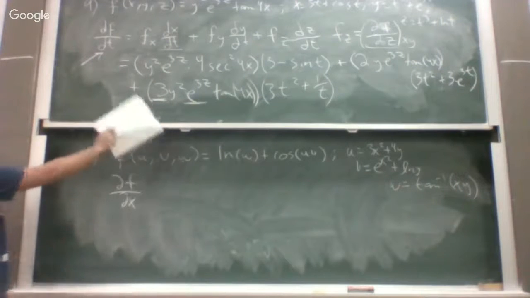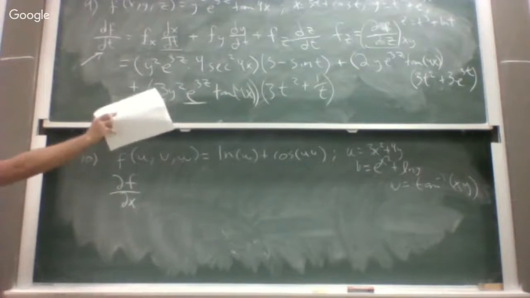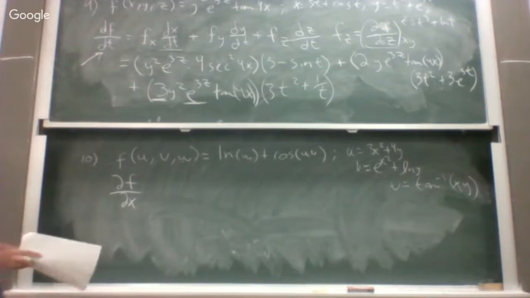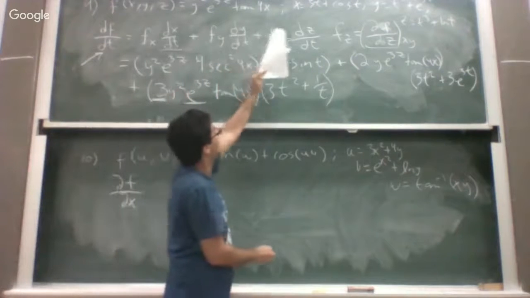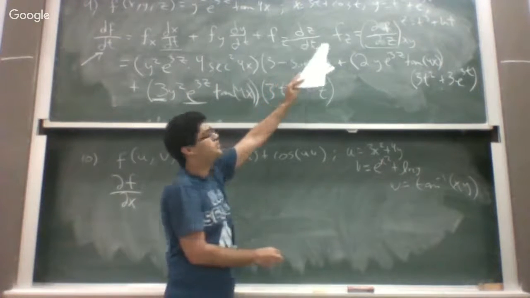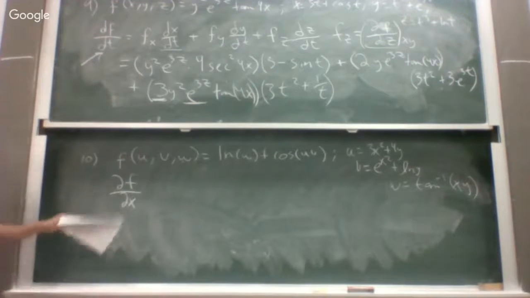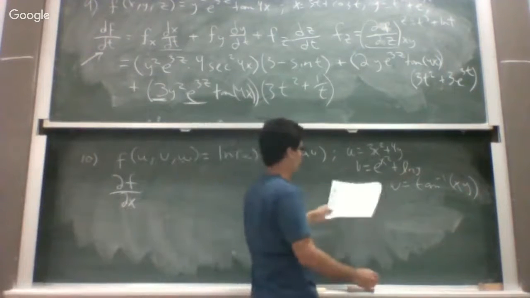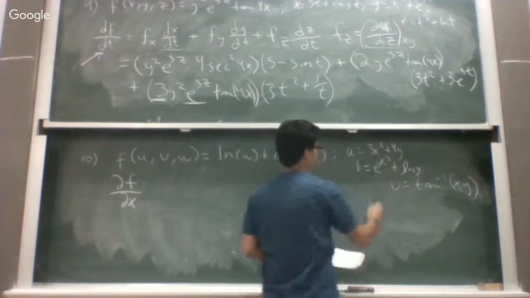For the earlier one, we had a full derivative sign because x, y, and z are all just functions of t. So partial derivative or full derivative is the same thing. Now in this question, u, v, and w are made of x and y.